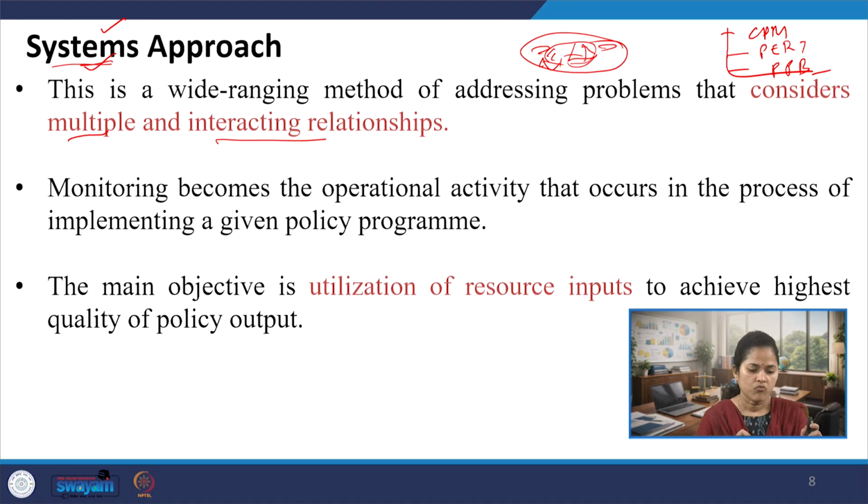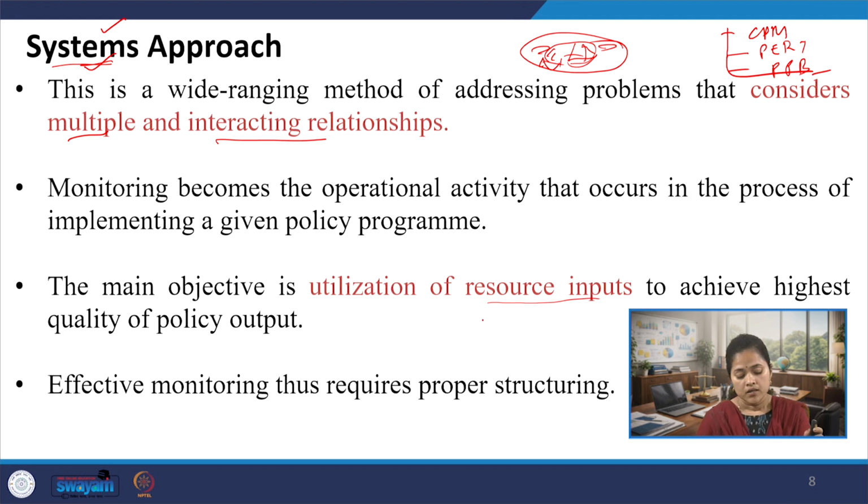That is why we are discussing the system approach for policy monitoring. Basically, we are emphasizing the best use of the resources allocated under that policy or program implementation, and through this method the monitoring should be effective.